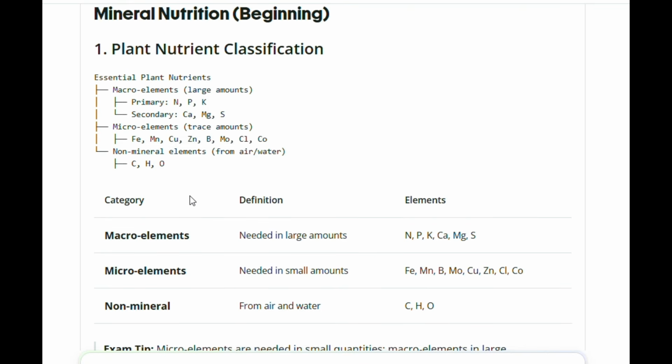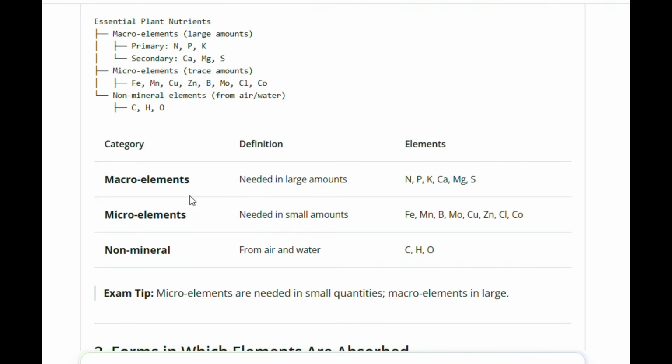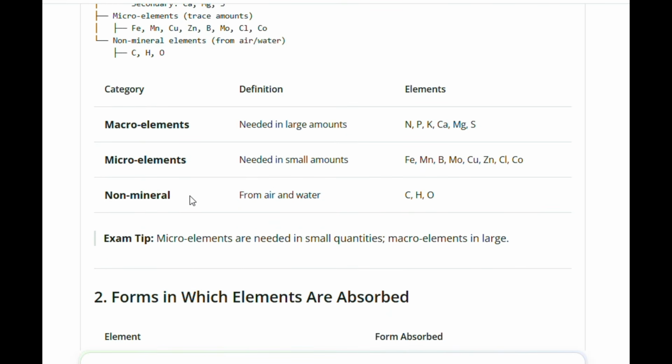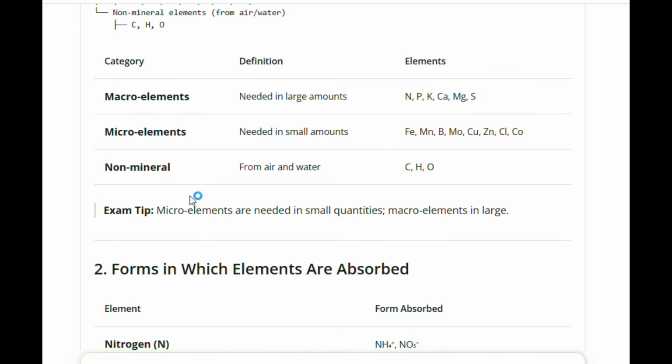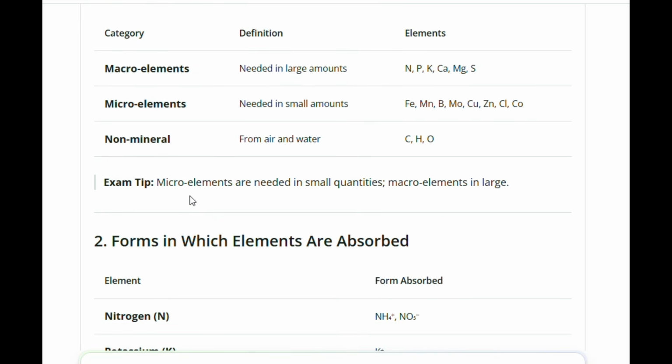Then we have non-mineral elements from the air or water: C, H, and O. This is what we were talking about: the macro elements, the micro elements, and the non-mineral elements from air and water, C, H, O.